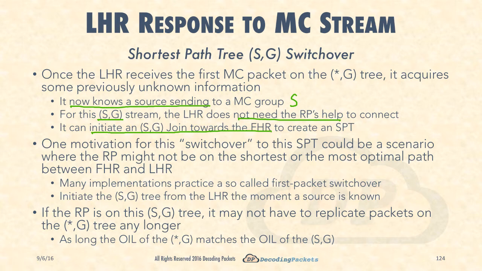The RP may be an MHR, a middle hop router in this process, but the LHR is not bothered about the RP anymore because it has this independent information. So it can simply send an S comma G join towards the FHR and create a shortest path tree of its own. So it does not necessarily need the RPT or the star comma G tree to receive the stream from this S comma G anymore.